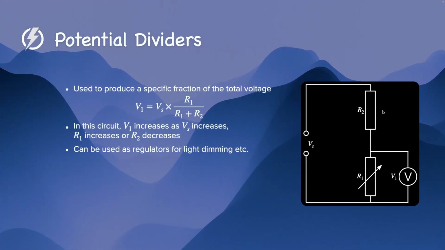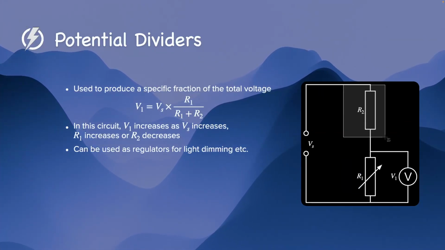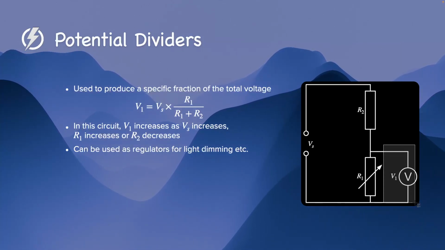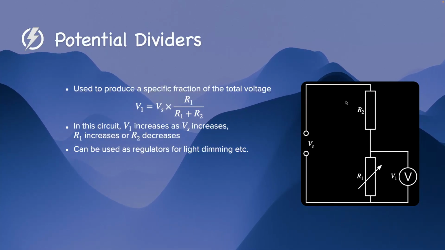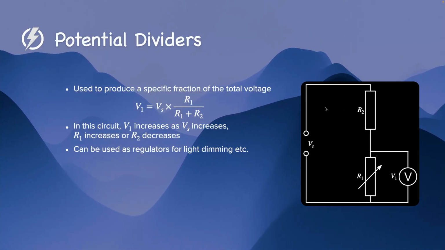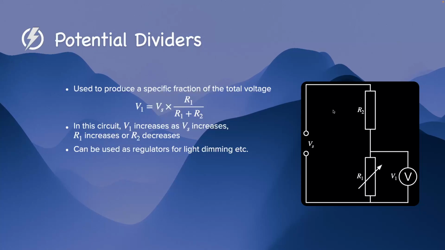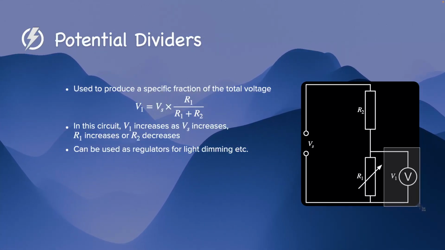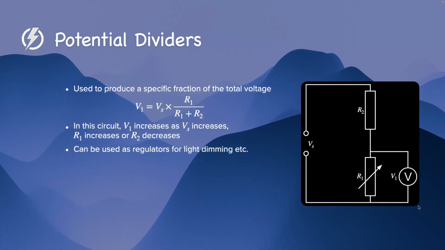But if the resistance of this resistor increases, the voltage of this voltmeter would decrease, because the ratio of voltage spread across all of these results in a situation where this voltmeter has a lower voltage, right?